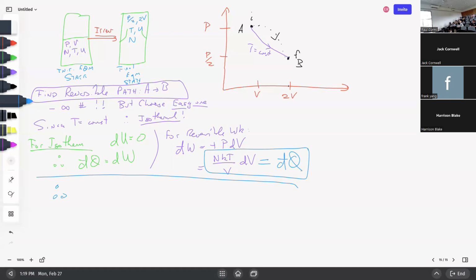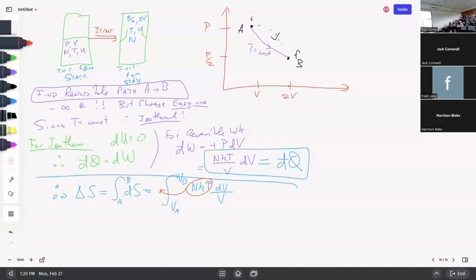So I can say that change in entropy is going to be my integral from A to B, yes, which is going to be my integral from volume A to volume B of nkT dV on V. All these guys are constants. They all jump out the front since they're constants.